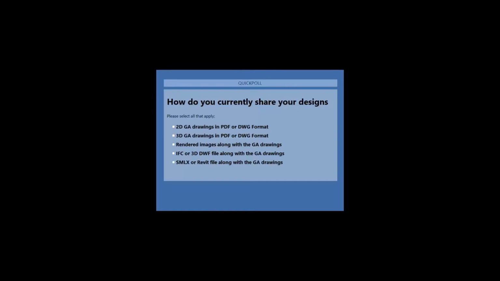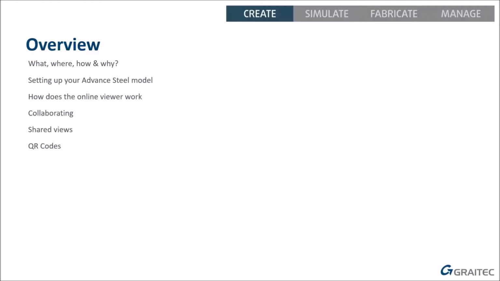So I'll let it run for another 20 or so seconds. 80% of people have responded to the poll. Okay, we'll close that poll there. You should go back to seeing my screen.